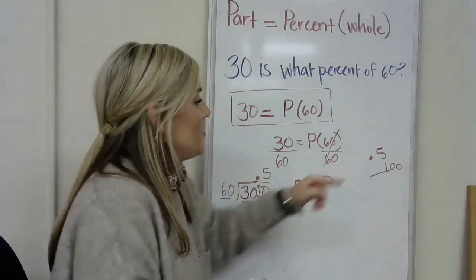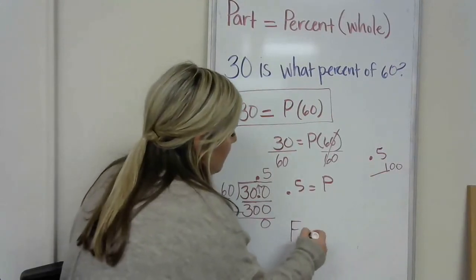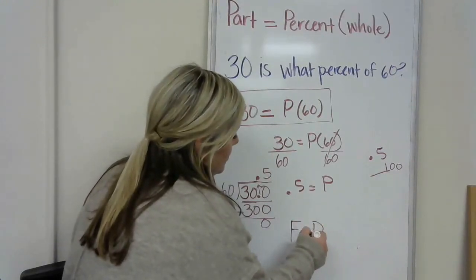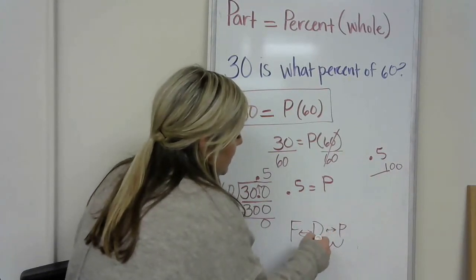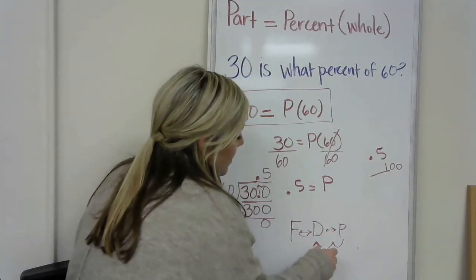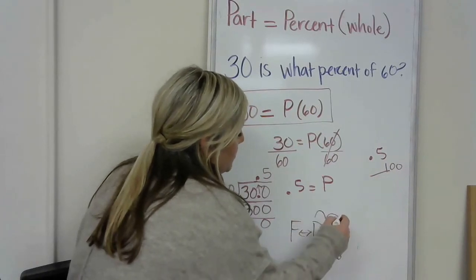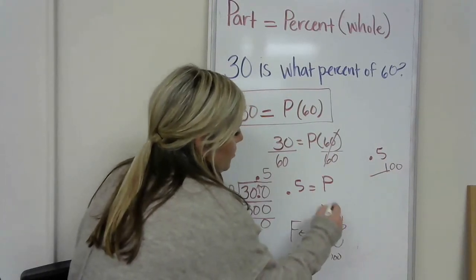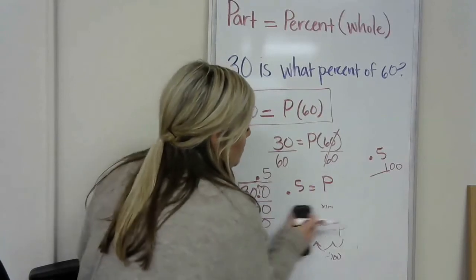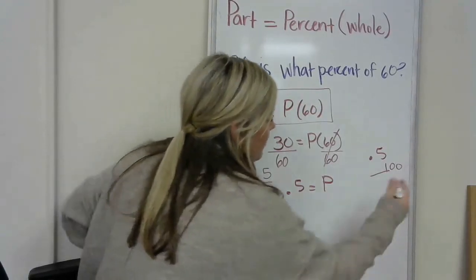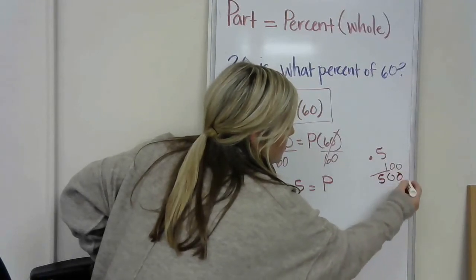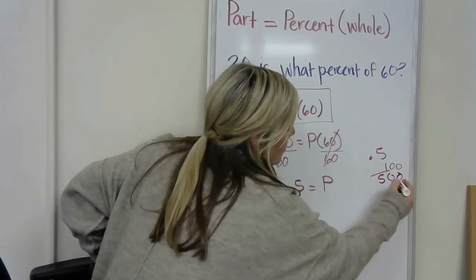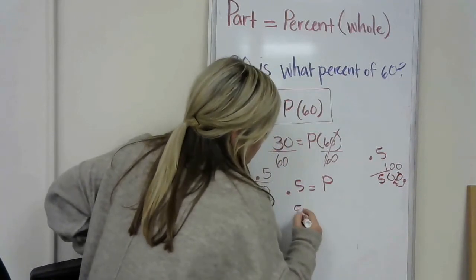It was F, D, P: percent to decimal, divide by 100. Well, decimal to percent is times 100. So we're going to move our decimal 2 places to the right, or we can just multiply by 100. It's not very hard. Move the decimal 1 place right here, and I get 50. So 50%.